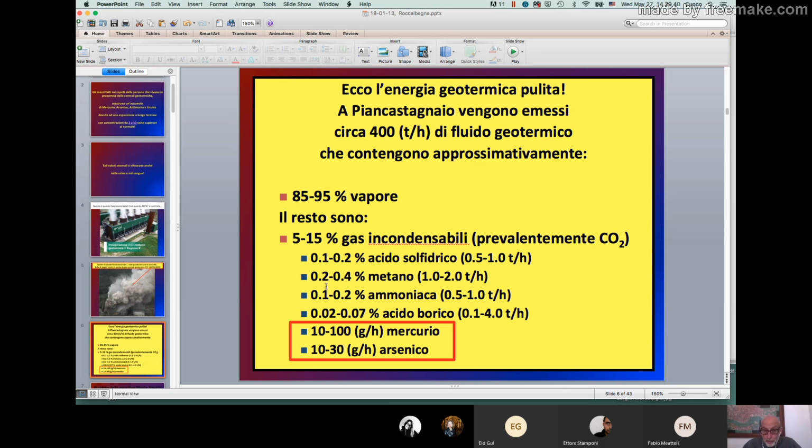There's a tiny gas-fired power plant you could run with that amount of methane, if you would be able to separate it. Instead, it's emitted to the atmosphere, and as you know, methane has a greenhouse effect that is 20 times that of CO2. Then there is boric acid, and also a large amount of mercury, 10 to 100 grams per hour of mercury is emitted to the atmosphere.